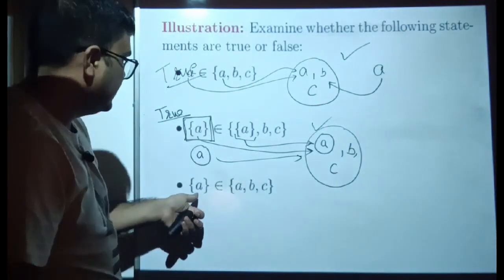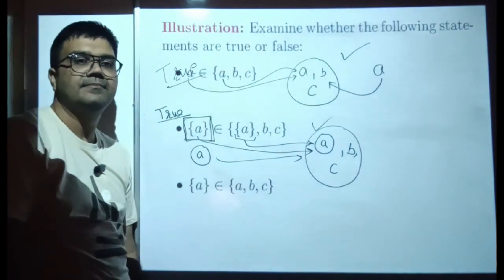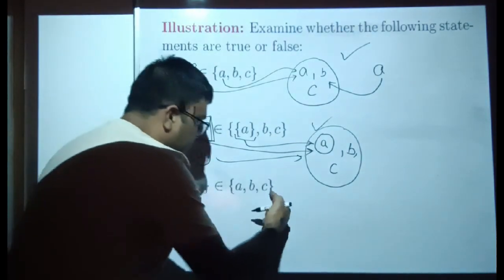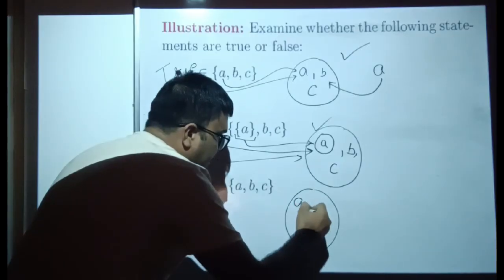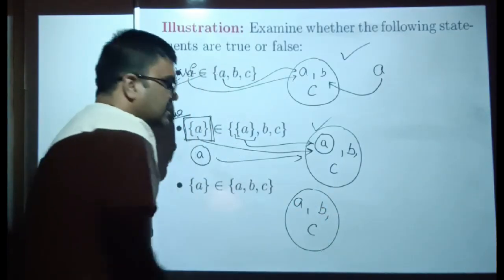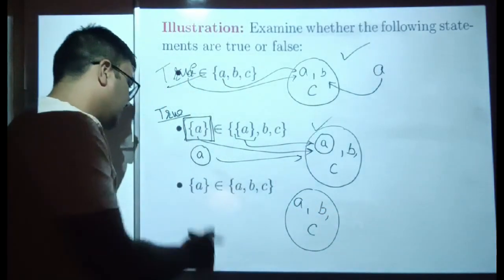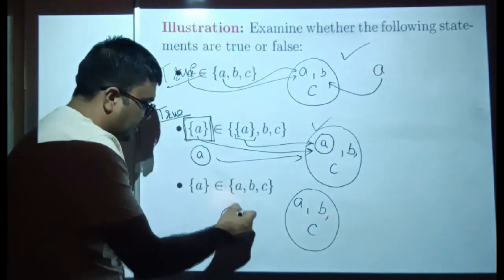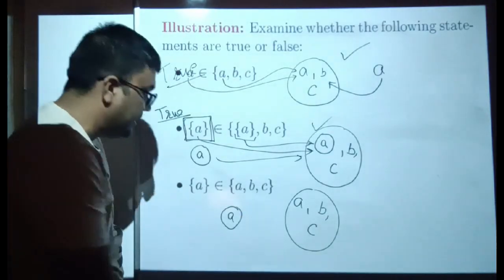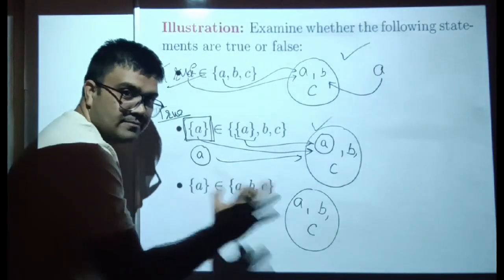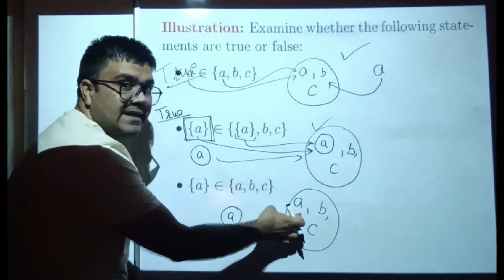Consider the next case. Does this belong to this? We are talking about the set that has elements a, b, c. Look at this. Is there anything which looks like this? No. This is the element a that we have.